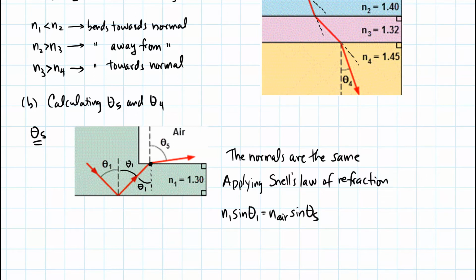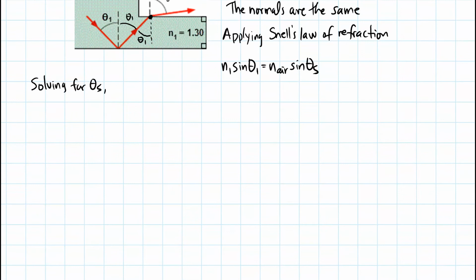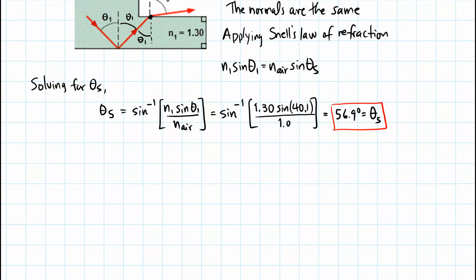Snell's law of refraction says that N1 sine θ1 is equal to N air sine θ5. Solving for θ5, we do some basic algebra. So θ5 is 56.9 degrees.